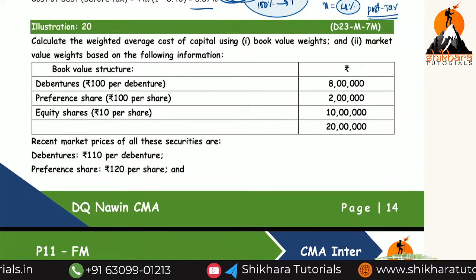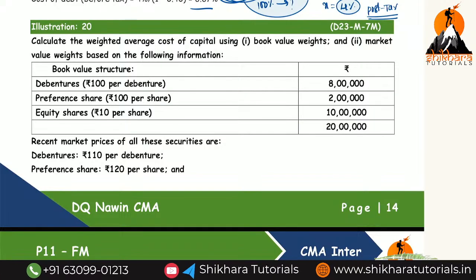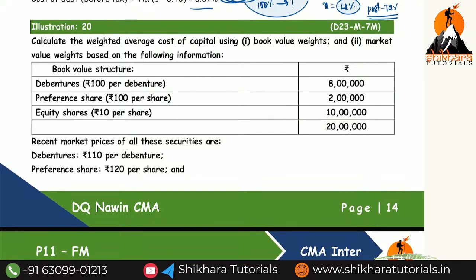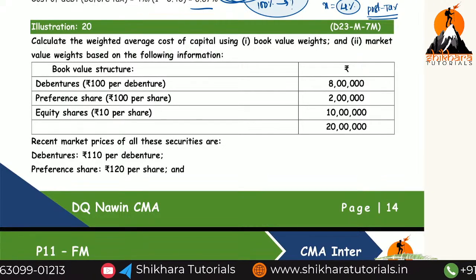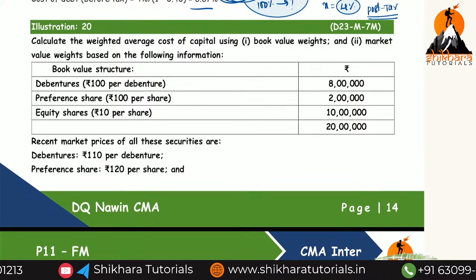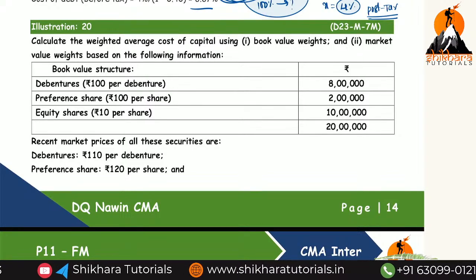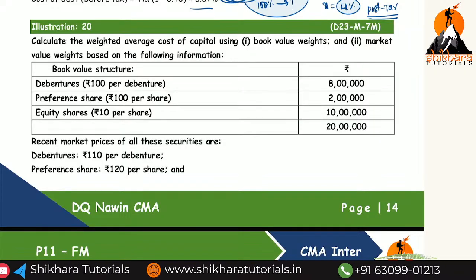Number of shares into market price. Number of debentures into market price. Number of preference shares into market price. How to calculate the number of equity shares? Book value of equity share capital divided by 1 share value, which is 10 rupees.